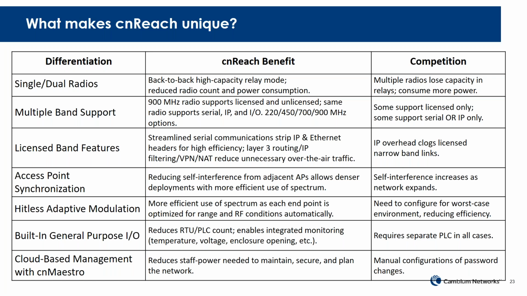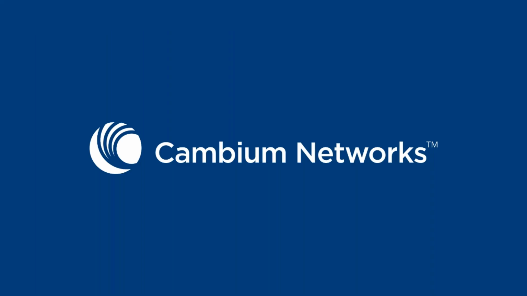And then finally, the cnMaestro capability. We have some major enhancements coming on that in the next couple of months. You can certainly manage the radios using cnMaestro, whether you're using the cloud-based version of cnMaestro or using the on-premises version. So that's kind of a quick summary of CNReach.